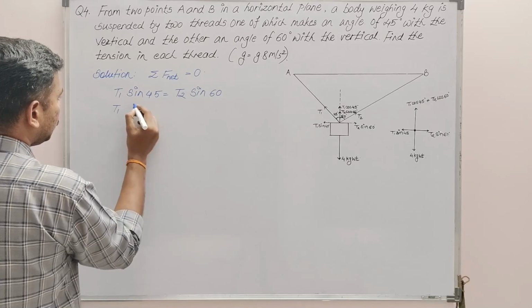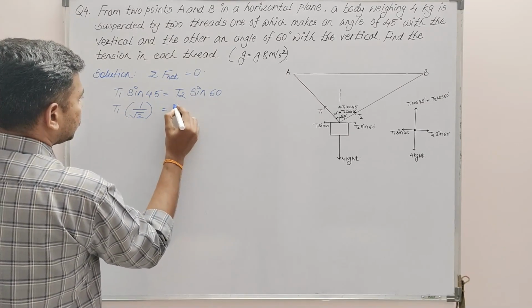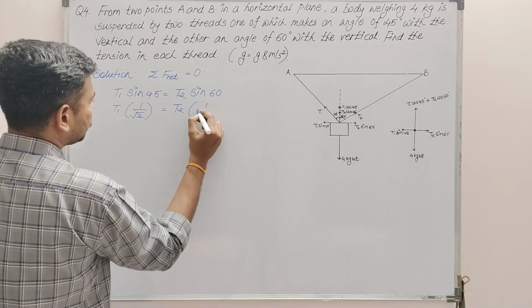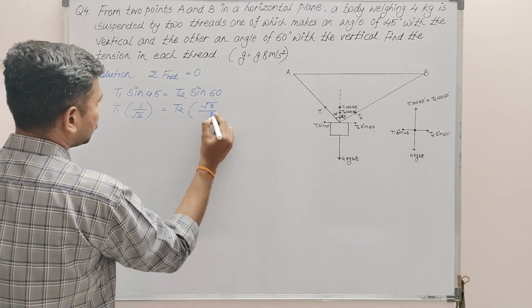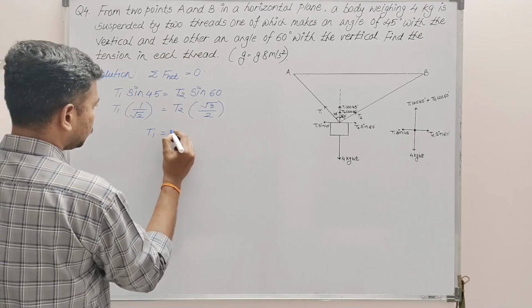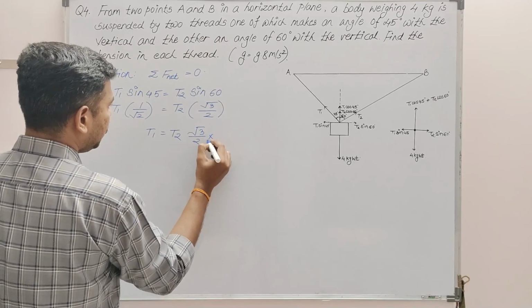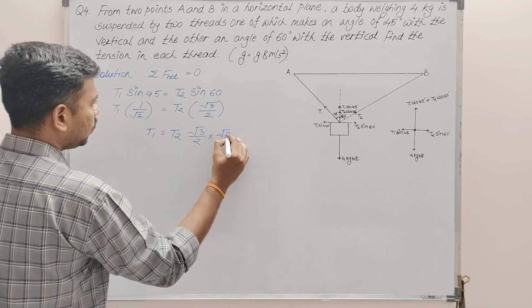As we know, sin 45 is 1 over root 2 and sin 60 is root 3 by 2. Hence, T1 can be written in terms of T2 as T2 root 3 by 2 into root 2.